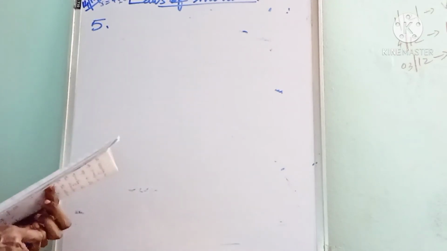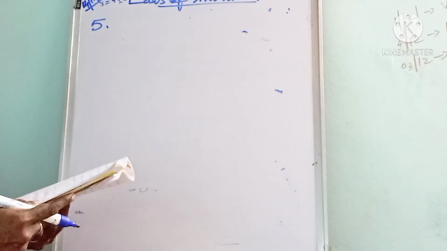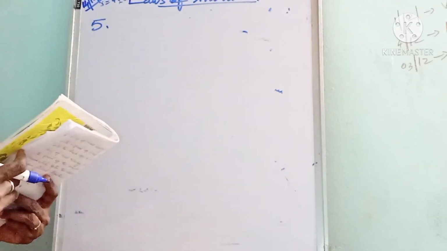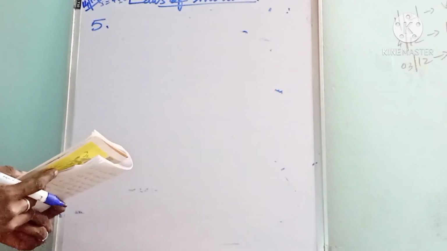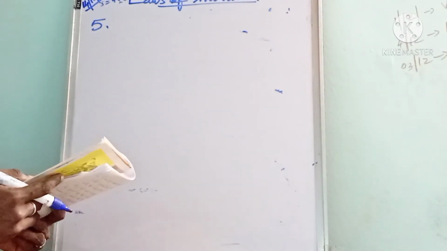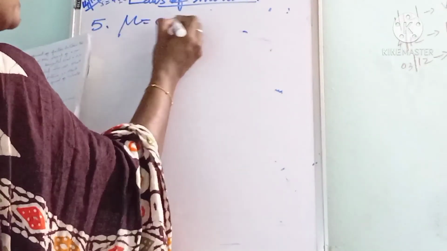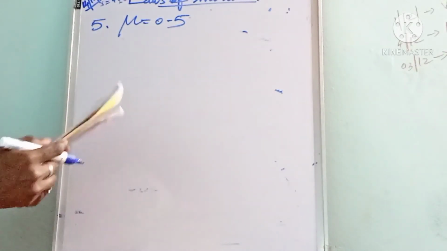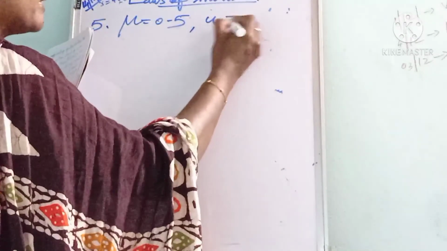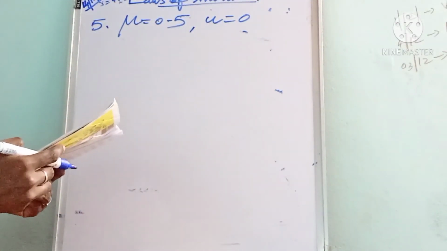Here we have to find the minimum distance traveled by the car to acquire a speed of 72 km per hour. The coefficient of friction between the ground and the wheels of the car, mu, is given as 0.5. The car starts from rest, so its initial velocity u equals 0.